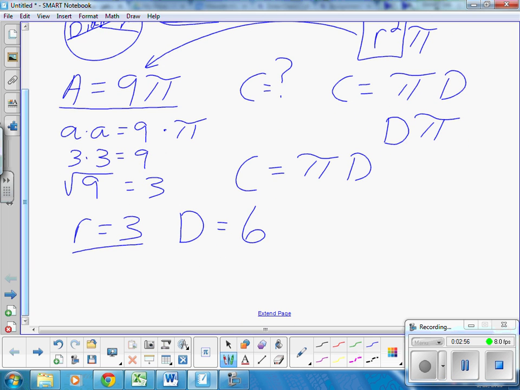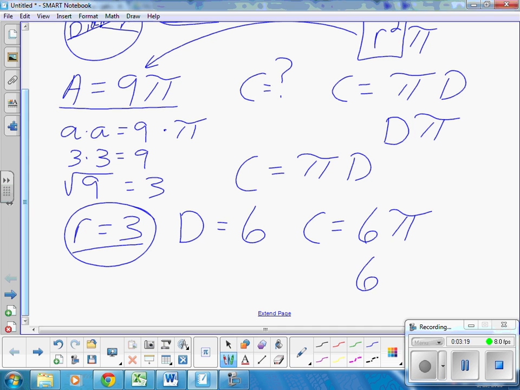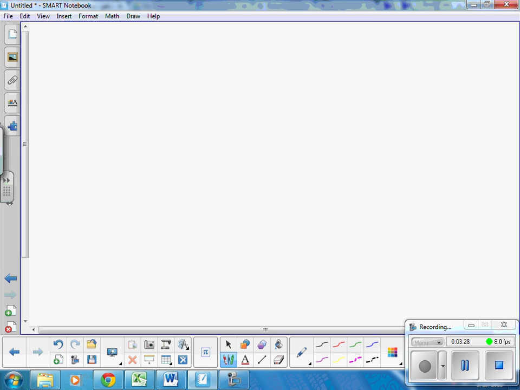So our circumference is equal to 6 pi. Now in con, we don't have a pi button. We're not going to multiply by 3.14 or other variations of pi. So what we need to do is write our answer as 6 pi.